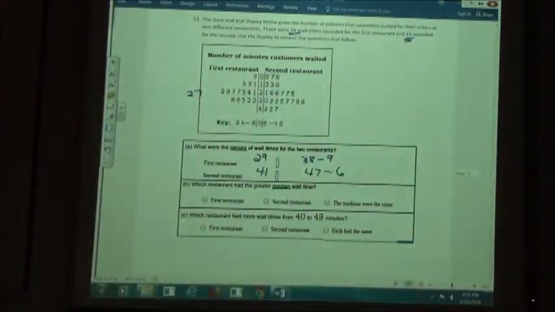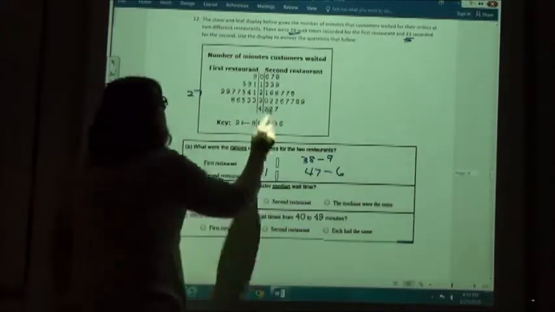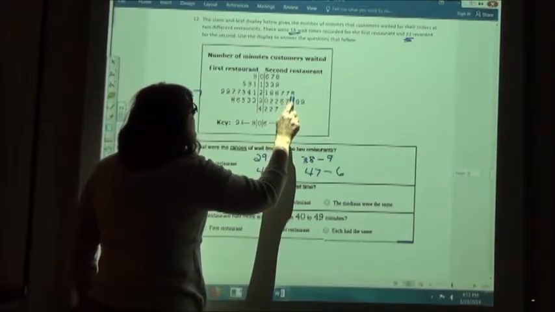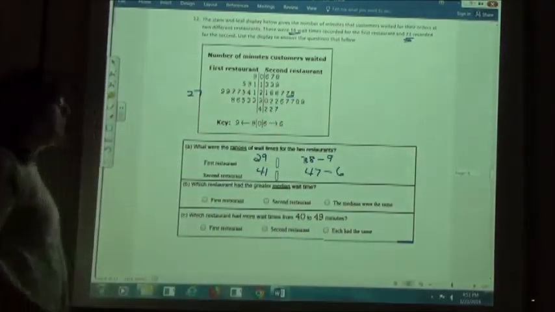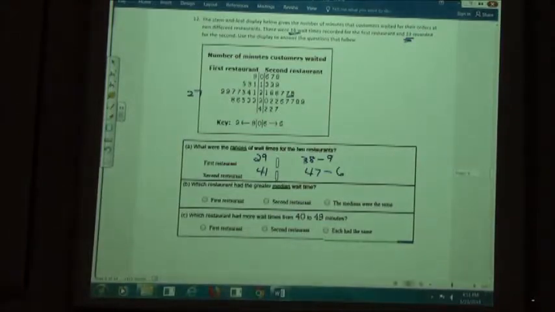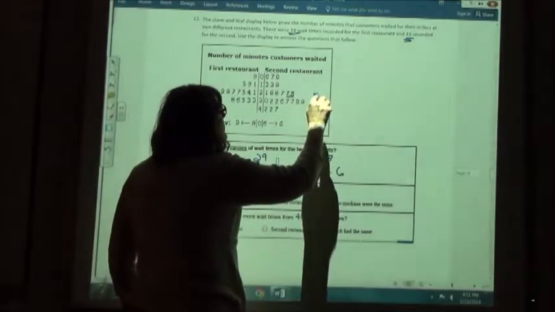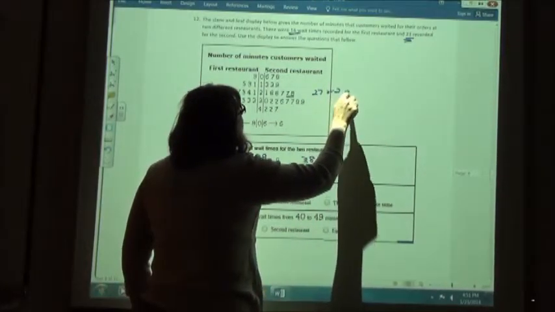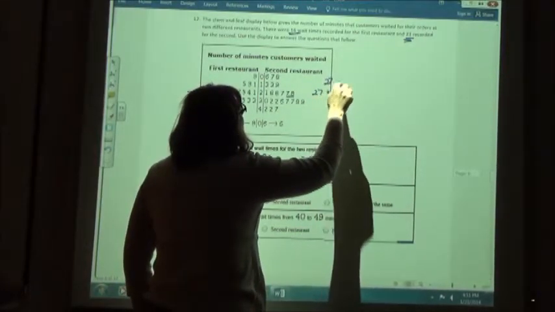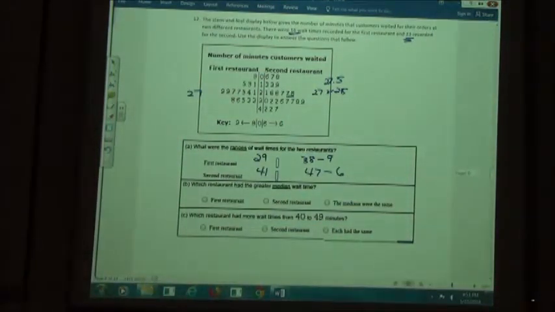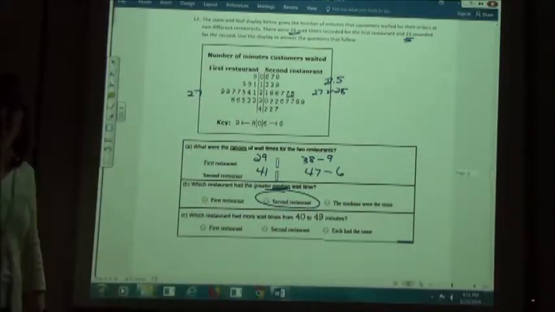Half of 23 would be 11.5, so between 11 and 12. 27 or 28. In this case, I would average them, since my numbers are close, 27 and a half. Which one's higher? Well, the second one is going to be higher.